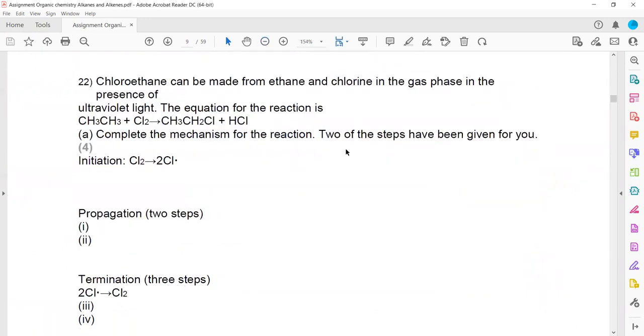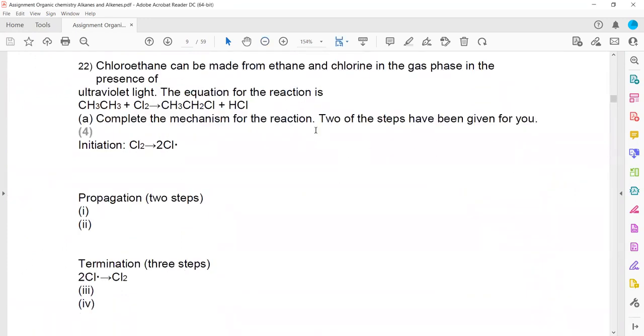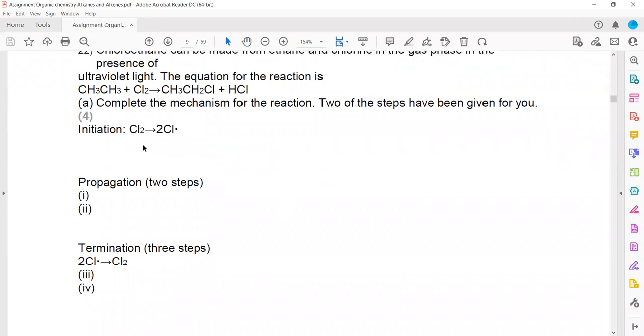Next question, question 22. Chloroethane can be made from ethane and chlorine in the gas phase in ultraviolet light or radiation. The equation for this reaction is shown. Complete the mechanism. Two of the steps have been given for you. So initiation is there, then the propagation.